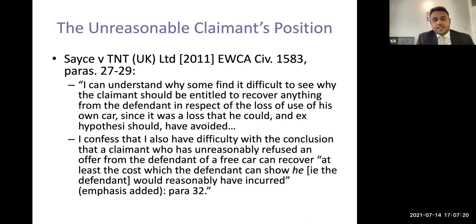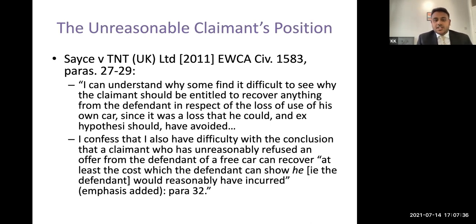They also said, "I confess that I have difficulty with the conclusion that a claimant who has unreasonably refused an offer from the defendant of a free car can recover at least the cost which the defendant can show he would have reasonably incurred."